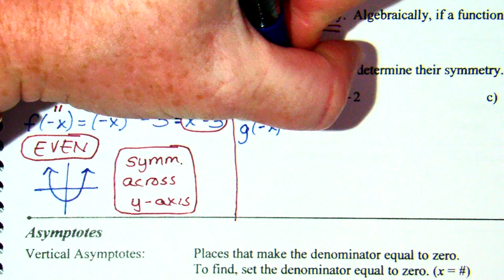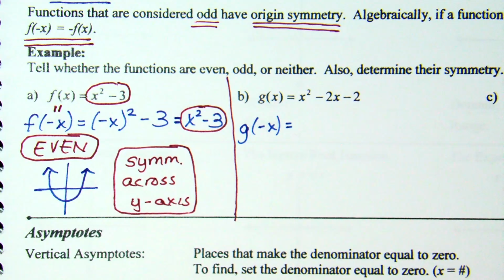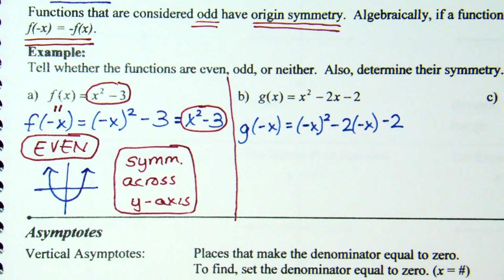I'm saying g of negative x just because they gave me g this time. Okay. So every place I see an x, I'm going to replace it with a negative. So the negative of x squared minus 2 times negative x minus 2. Now I'm going to clean that up, but that's just me showing how I plug the negative x in.